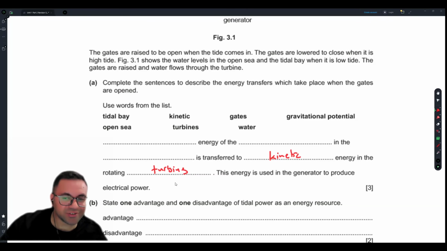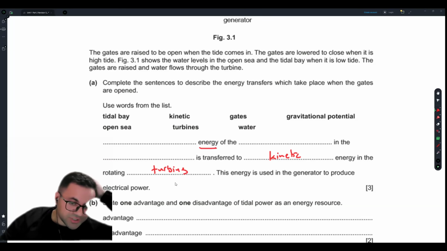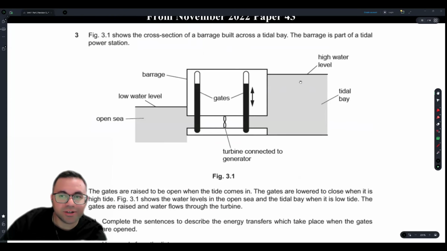Then dash energy of the dash in the dash is transferred to what's all this? What kind of energy does the water have because it's high up? Because that's the first type of energy. Gravitational potential. Of the what? If we go back to the diagram of the water in the where?